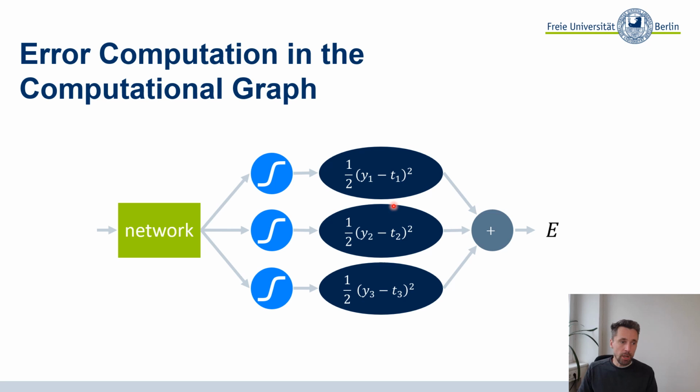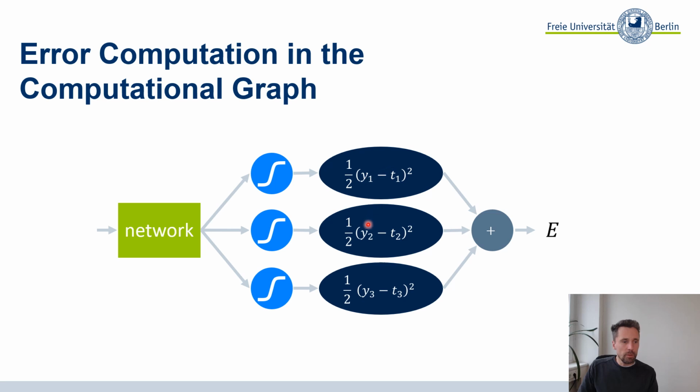So that's called a computational graph, and the error produced by the network could also be represented in a computational graph. So consider those output neurons here with the sigmoid activation function. They could feed their prediction y into these individual error nodes, and they, like we just saw, compare this output to the target. Yeah? So t would be a vector for each output class, that contains for each output class the probability.